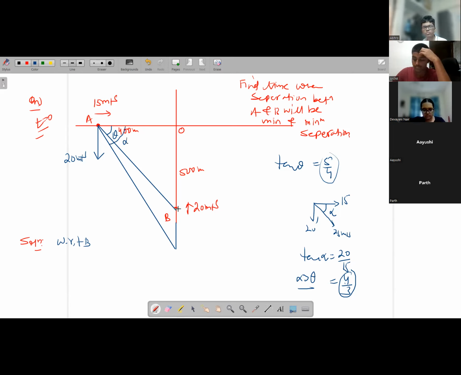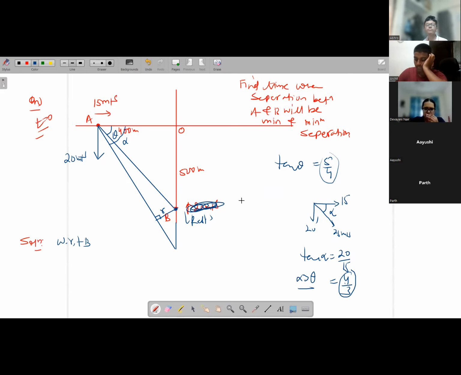Now, B will be at rest and A will move on this line. So this will be the minimum separation, R. Understood? समझ में आ रही सबको? And now we have to find this minimum separation and time.